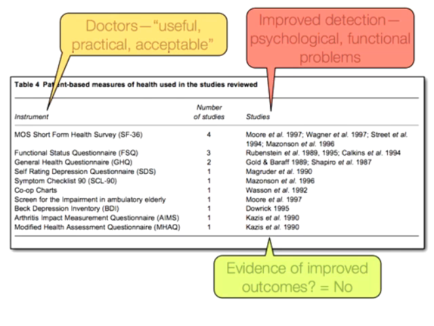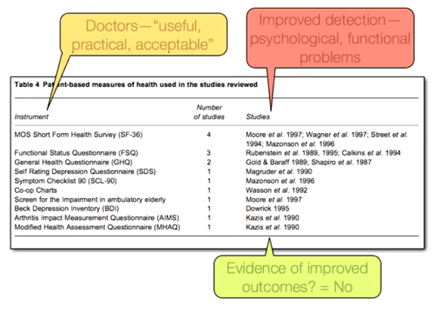Those studies measured things like the Short Form 36, the Functional Status Questionnaire, the General Health Questionnaire, the Self-Rating Depression Questionnaire, the Symptom Checklist, COOP charts, the Screening for Impairment in the Elderly, the Beck Depression Inventory, and a couple of arthritis scales, the Arthritis Impact Scale and the Health Assessment Questionnaire.